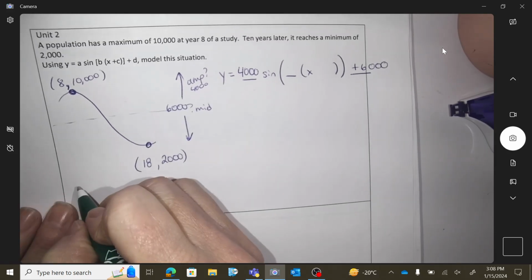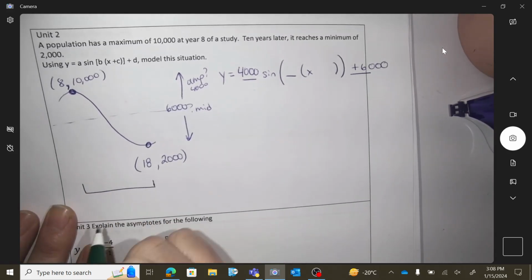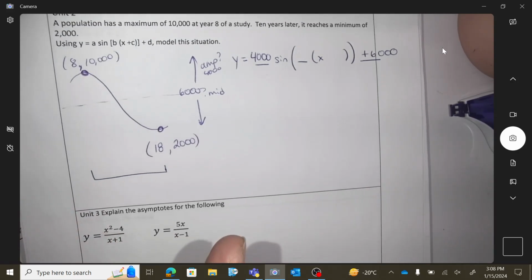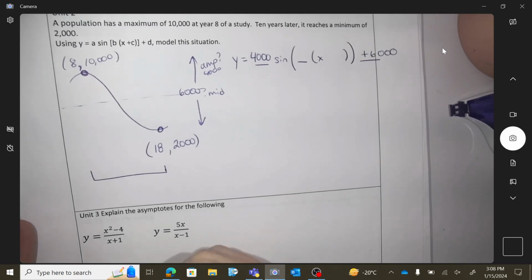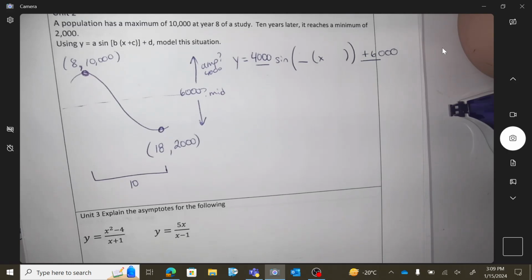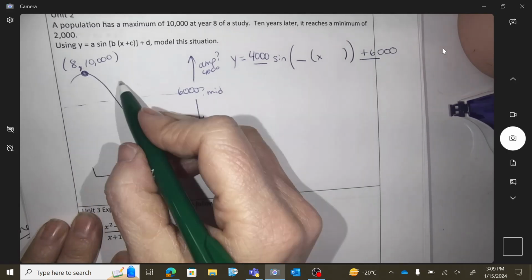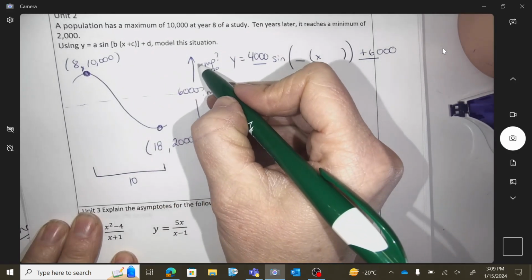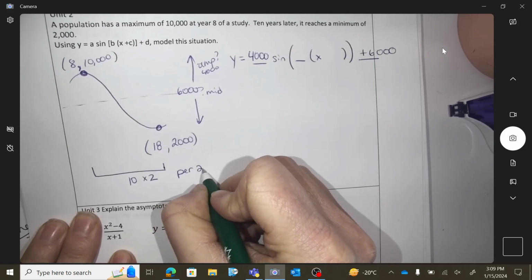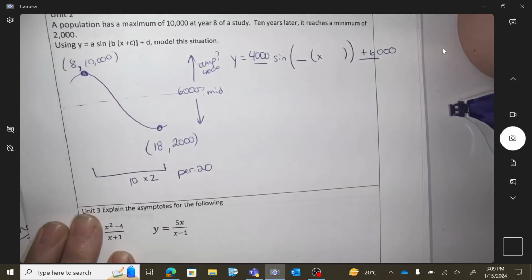Okay, next we're going to talk about the period. So how much space is there? Would we agree there's 10 spaces in that? Is that a cycle? No, it is only a half. I'd still have to go all the way here. So the period equals 20, right?